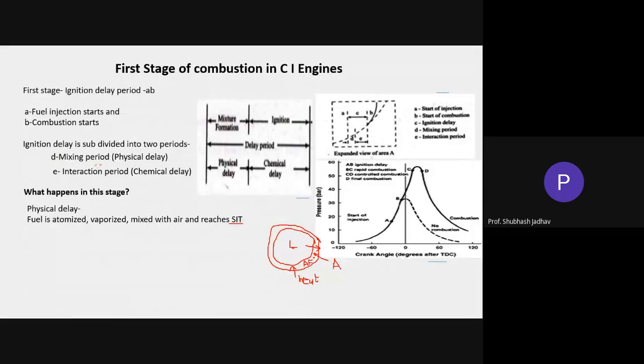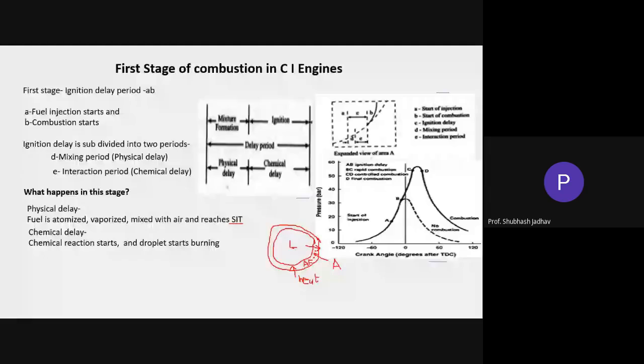It is a mixing period, which we call the physical delay, and E is your interaction period or chemical reaction period, and therefore chemical delay. So physical delay and chemical delay.